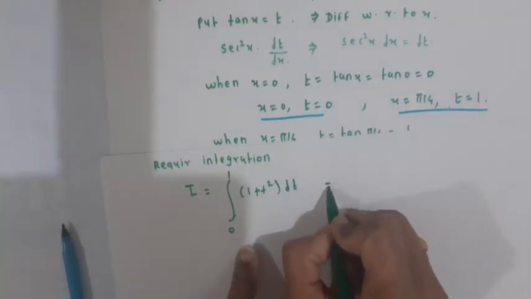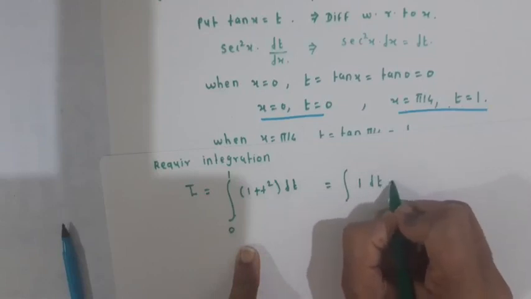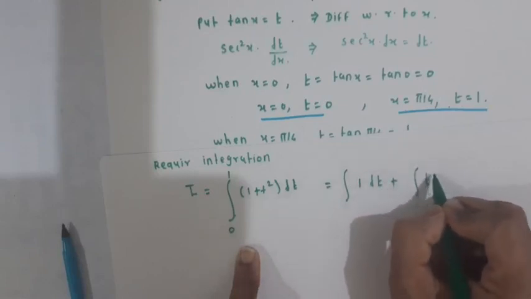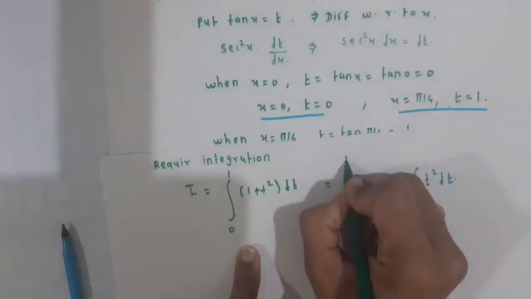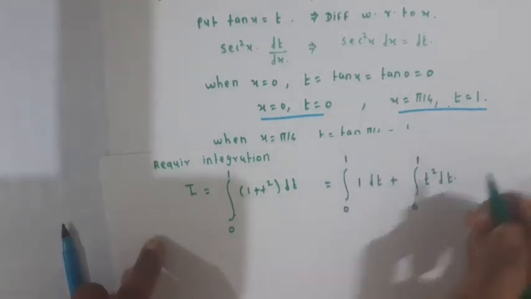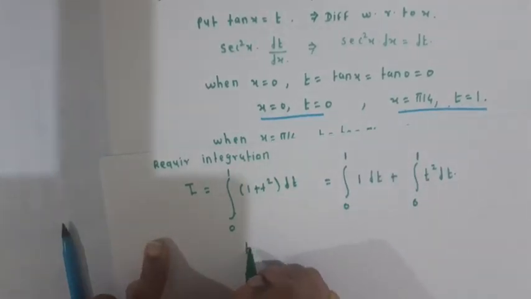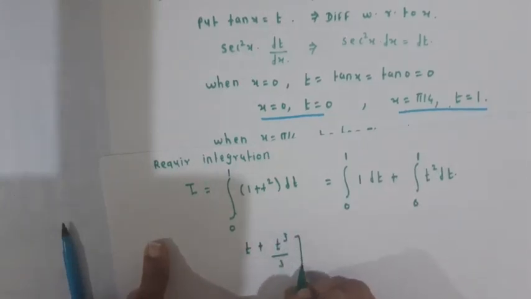Now this is equal to the integration of 1 with respect to t plus the integration of t square with respect to t, limits of integration 0 to 1. And this is equal to t plus, by the formula, x raised to n integrates to x raised to n plus 1 upon n plus 1, that's why t raised to 3 upon 3, limits of integration 0 to 1.